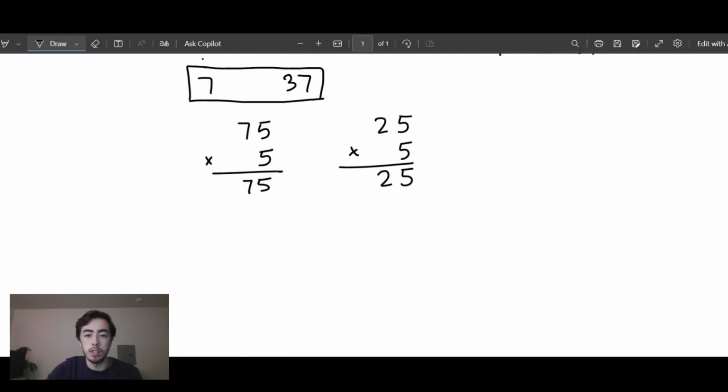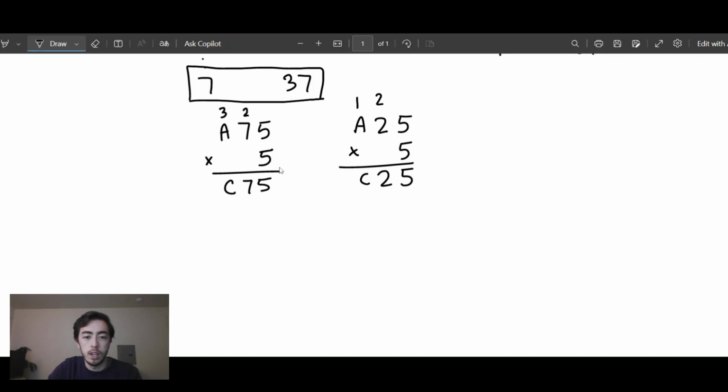So just making sure that this makes sense so far. 5 times 5 is 25. So I'll put the 5 down here, carry the 2. 5 times 2 is 10, plus 2 is 12, so I'll carry the 1. And then I need an A and a C. Over here, I would have carried a 2, so this would have been a 37, so I carry a 3. I get A and then C.